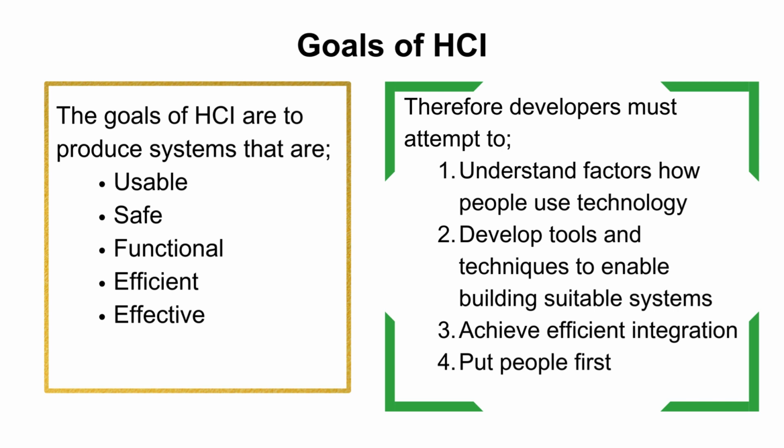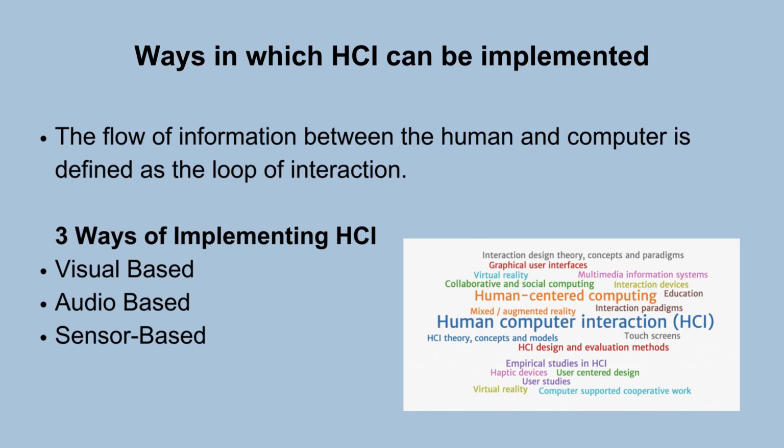To achieve these, of course, the developers of such systems must attempt to understand the factors of how people use the technology, that is, under what constraints or factors they use the device, and then develop tools and techniques to enable building suitable systems, such as systems for people with disabilities, or people working in extreme environments, and then achieve different integrations.